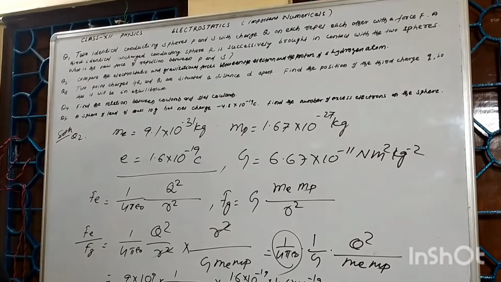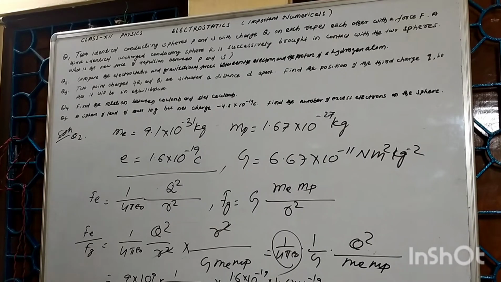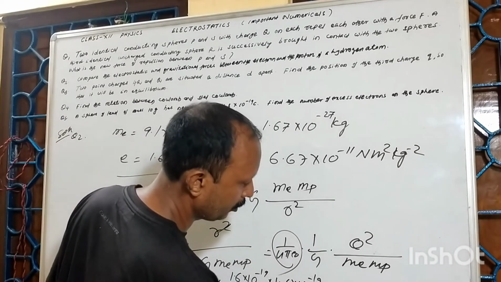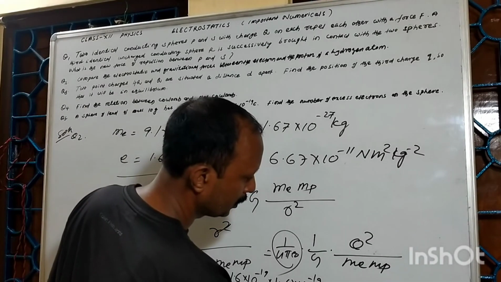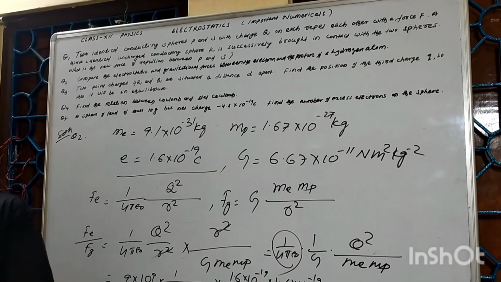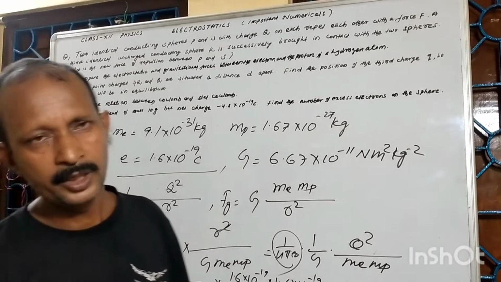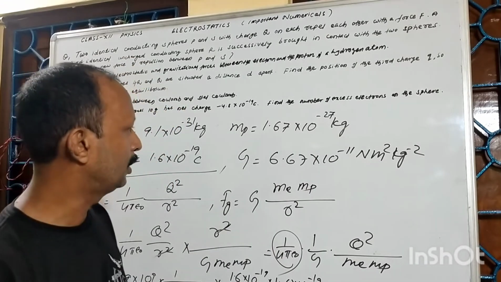So if you calculate that, its value will be 2.3 into 10 to the power 39. Okay. So I hope you have understood this problem thoroughly.